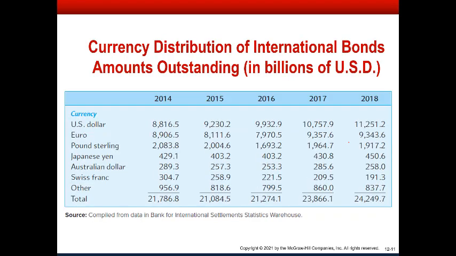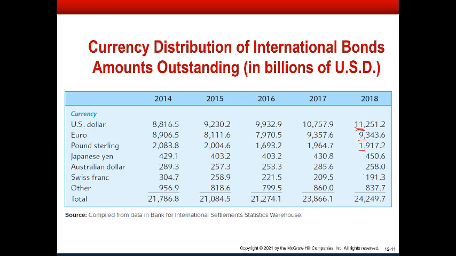Okay, let's wrap up today by looking at some stats on the size and trends in the global bond market. A very large market. How much in international bonds is outstanding? This is in billions, so this would be in 2018 $11 trillion denominated in dollars, 9 trillion euro, almost 2 trillion pounds sterling.